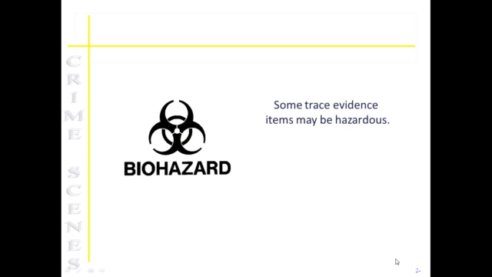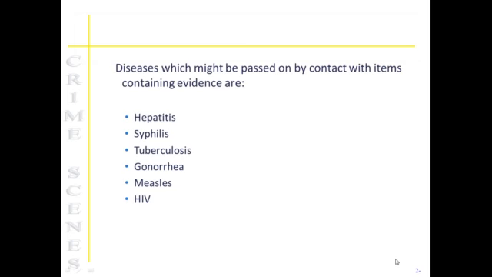And always keep in mind that there are a lot of materials that might be hazardous to personnel there at the crime scene. Some items that might need to be collected might contain diseases. So you need to be aware of this and take measures to protect yourself.